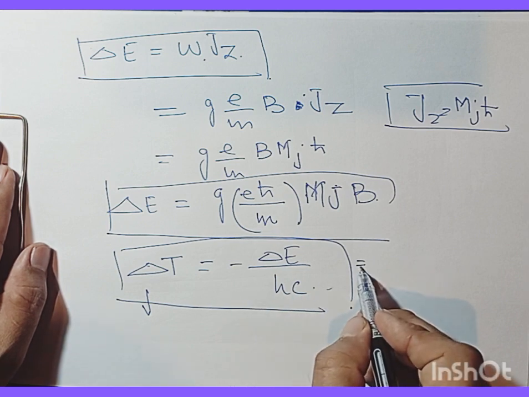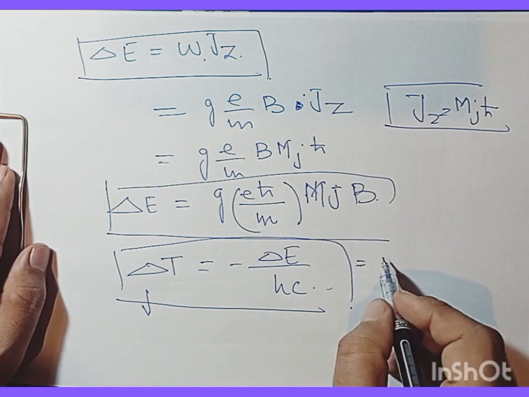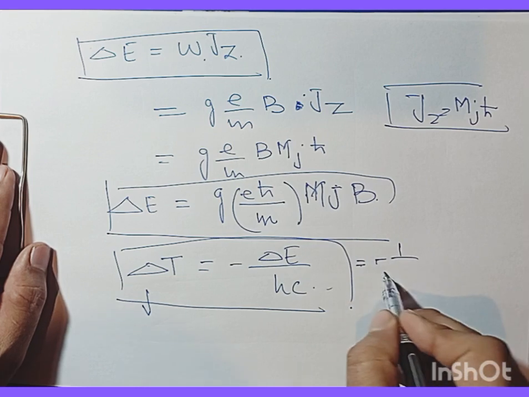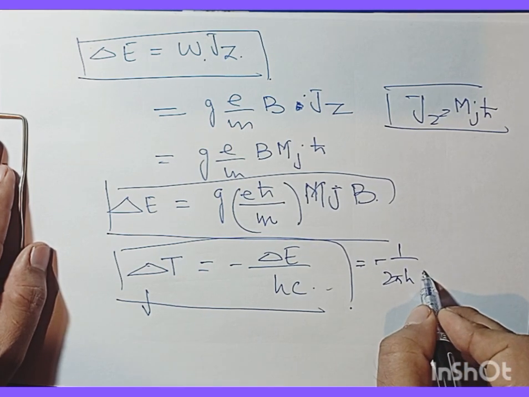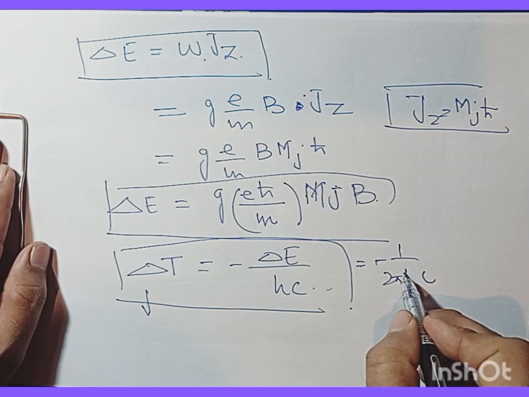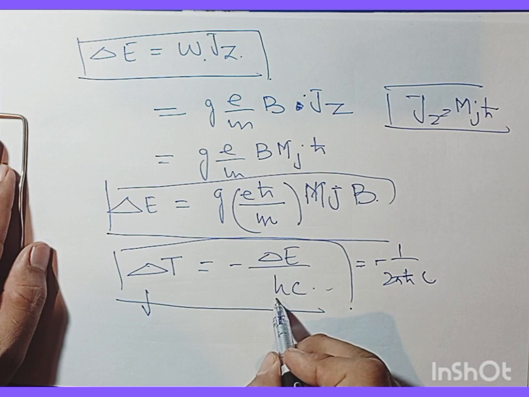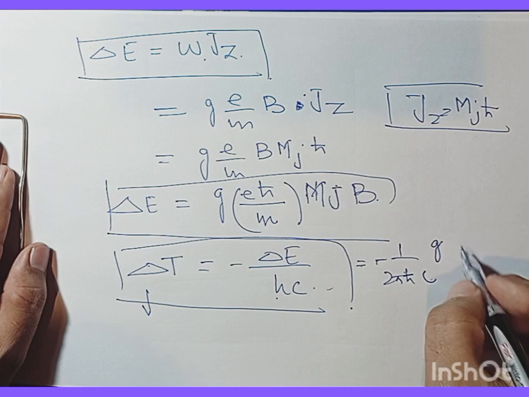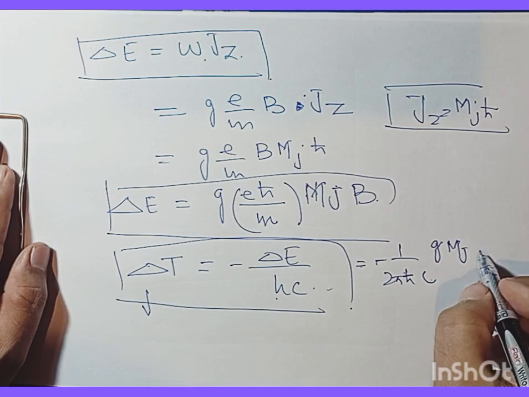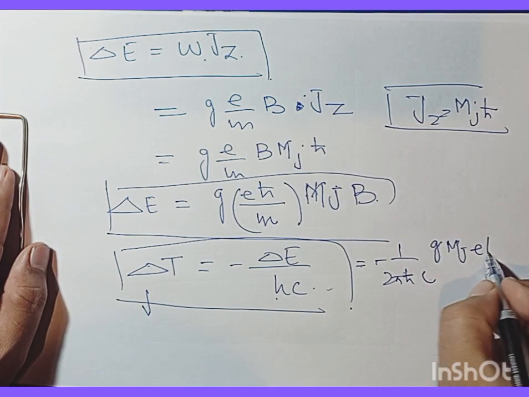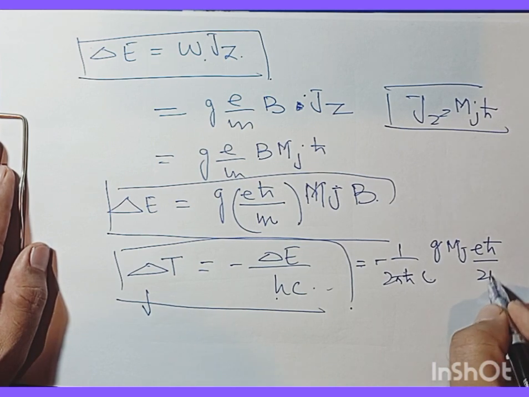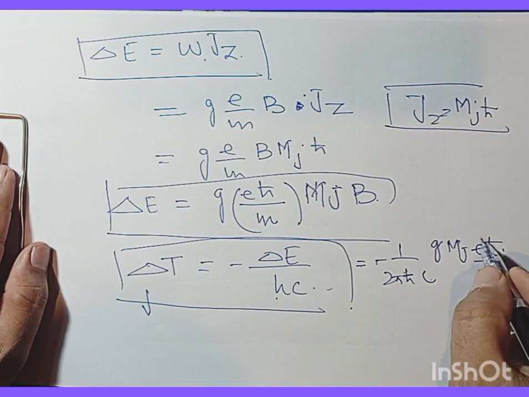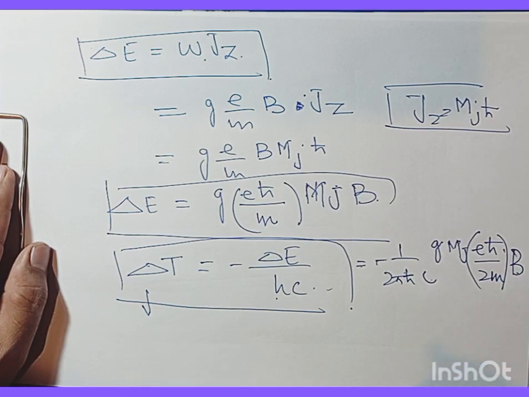I can write this as minus 1 by 2 pi h c; it should be h cross here because I want to convert h into h cross. Then I will have g, then m_J, and then e h cross by 2m times B.